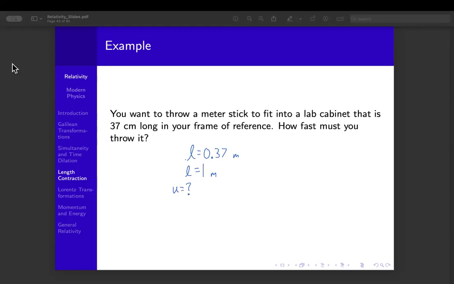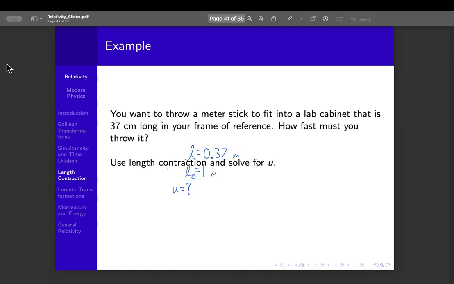Well, we can use length contraction to do this. It's actually fairly easy. We have L, we have, whoops, I forgot to label L0, we have L and L0, and we're trying to find the velocity. Length contraction tells us that's the only unknown that we have.